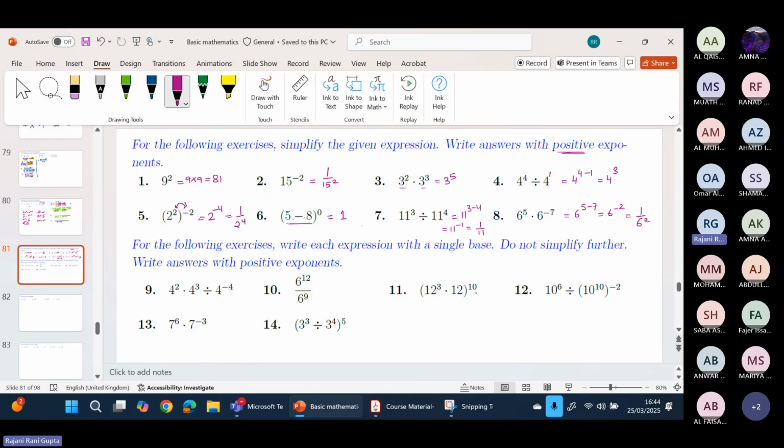Let me take quickly this question. So first you multiply. So this gives you 10 power 6 divide 10 power minus 20. Divide means minus 20. So 10 power 6 plus 20, that is 10 power 26.